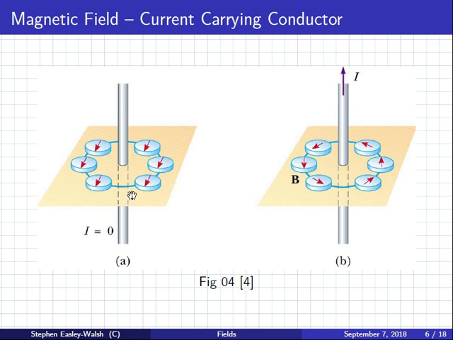So all the compasses just point to the north. When you turn the current on, you see they all make a circle. Can you see that? So that means there is a magnetic field around the current.